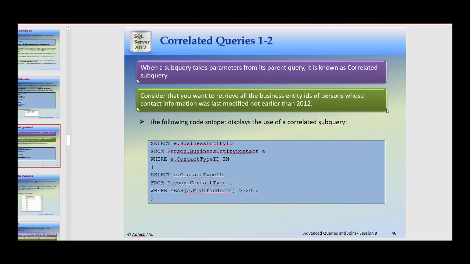So the following code snippet displays the use of a correlated subquery. So we have this subquery here inside, and we have the parent query. So what we do, please highlight this, then let's meet in the query window.